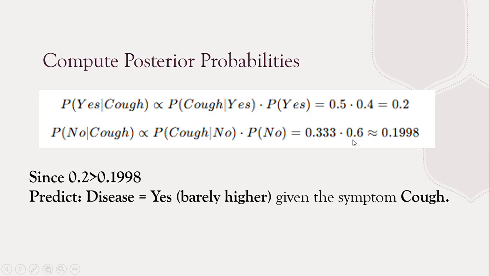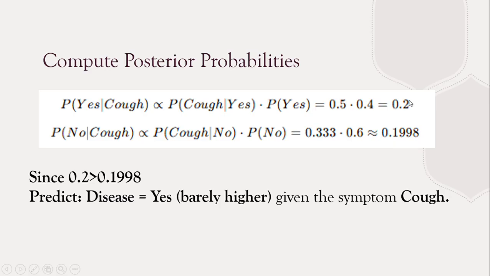I have given the value over here 0.333 into 0.6, which is approximately equal to 0.1998. So we have calculated both the posterior probabilities: for yes given cough, approximately 0.2, and probability of no given cough is equal to 0.1998.